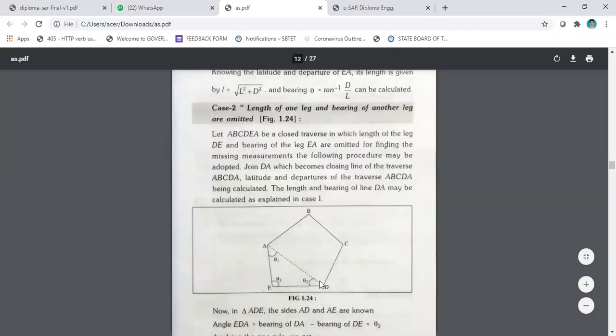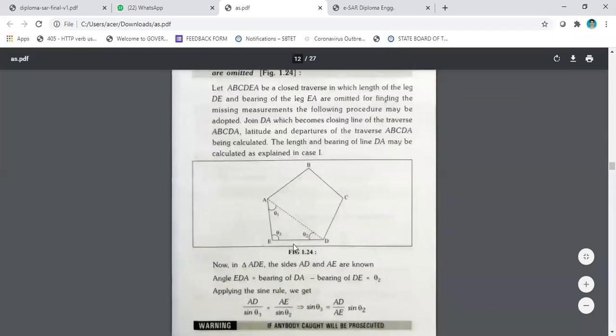Once this length is arrived, as we have 3 angles, we can apply the sine rule. What is the sine rule? Length of DA divided by sine of the angle between the other 2, that means sine theta 3, is equal to DE by sine theta 1, equal to EA by sine theta 2. In this formula all 3 angles are known and one side is known. Then by applying the sine rule, you will get DE as well as EA.